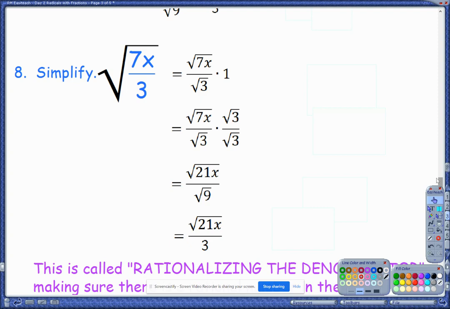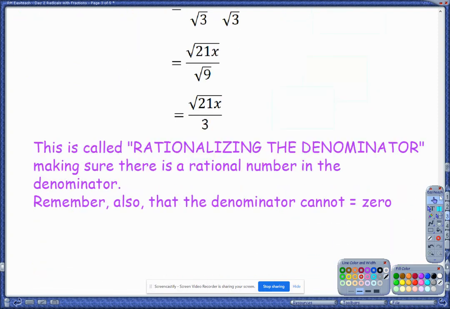This is called rationalizing the denominator, making sure that there is a rational number in the denominator. And if you have a variable in the denominator, make sure that the denominator cannot equal 0. And that is it.